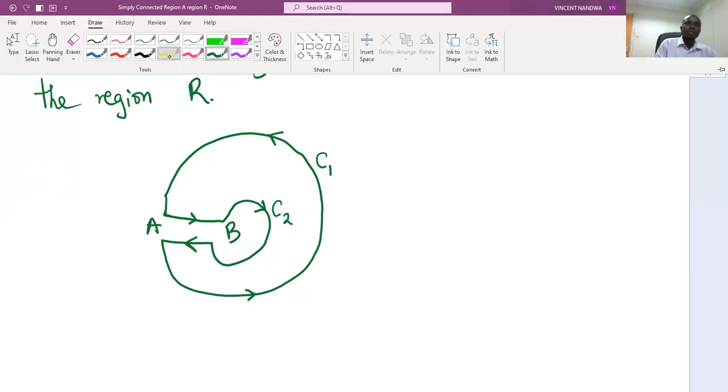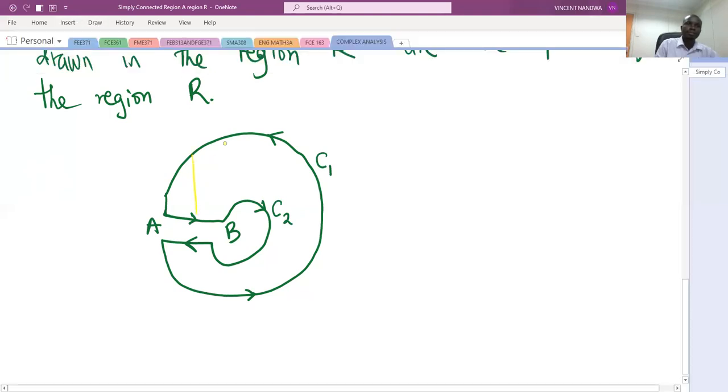So let's shade the region. So this is the region R we're talking about.